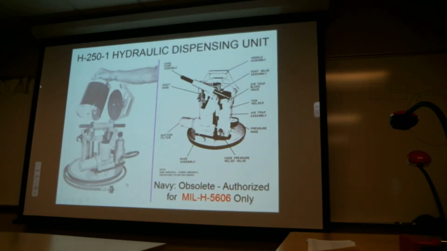These are old military pictures. Some aircraft in the 1970s used this type of hydraulic servicing unit for the reservoir. You put a can of 5606 hydraulic fluid into a holder, and you clamp the top down, and it pierces the top and bottom of the can.